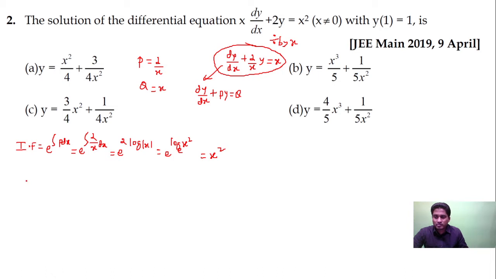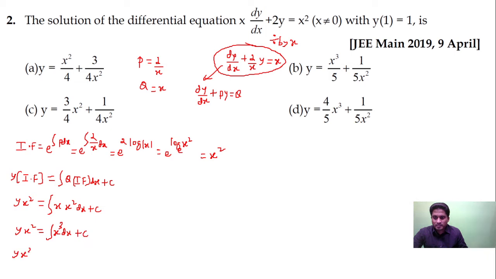So the solution will be y into integrating factor equal to integral q into integrating factor dx plus c. y into integrating factor x square is equal to integral q into integrating factor. q will be x, so x into x square dx plus c. y into x square is equal to integration of x cube dx plus c.